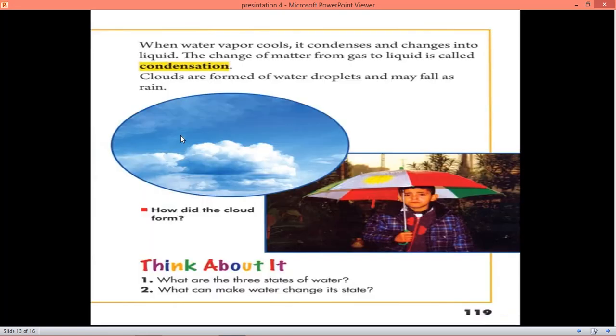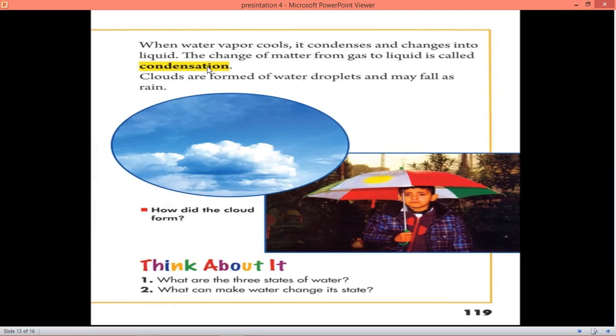Now number two, condensation. When water vapor cools, it condenses and changes into liquid.